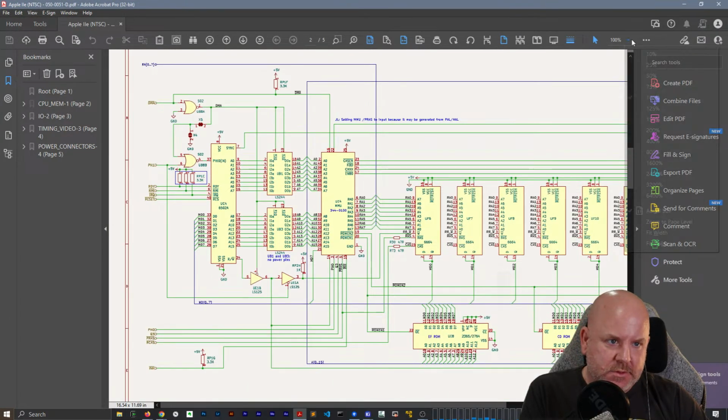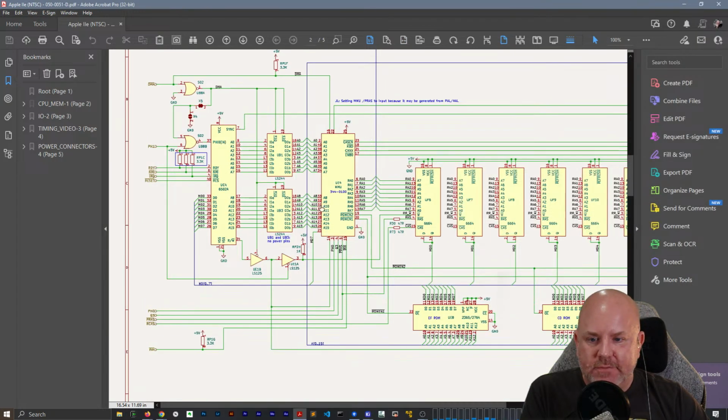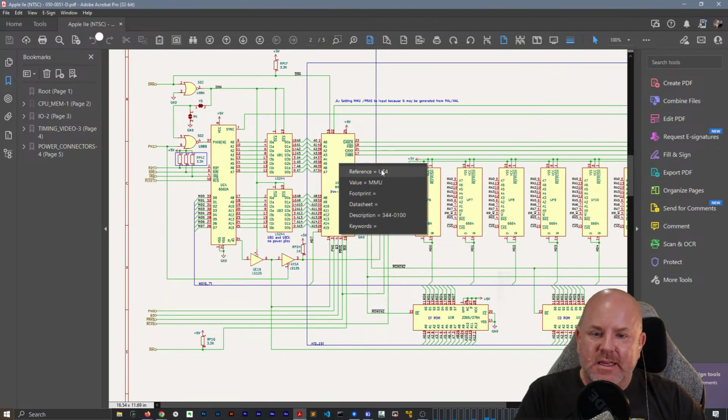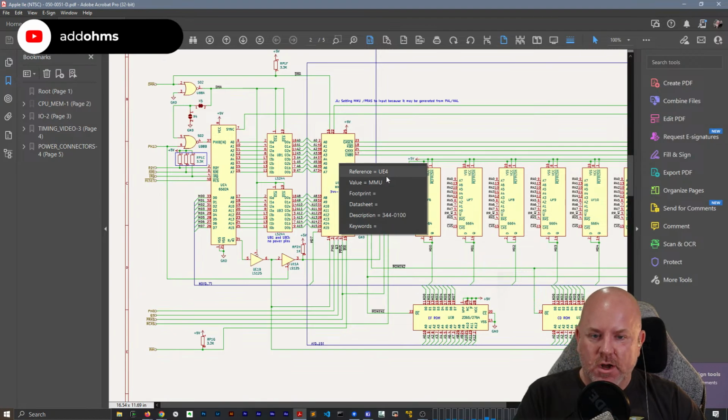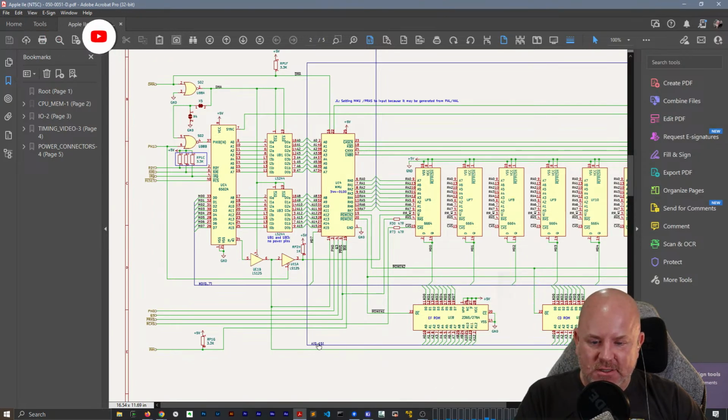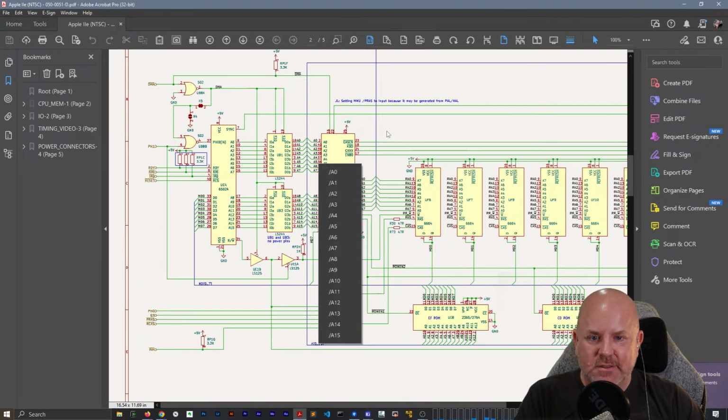I'm just going to say plot all pages. For example, check this out. This I think is so cool. So first, if you click on a net, I thought this jumped to other locations with it. Guess not. But you can click on stuff or hover over stuff and get additional information, even though this is a PDF, which I think is just absolutely fantastic.